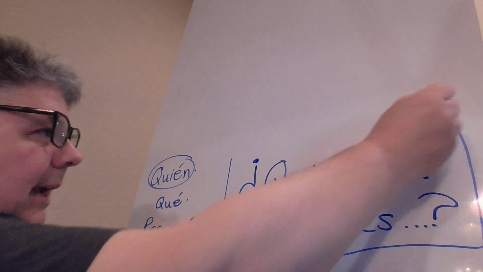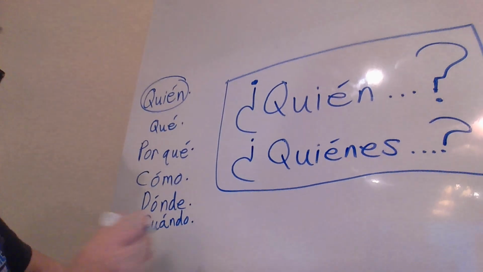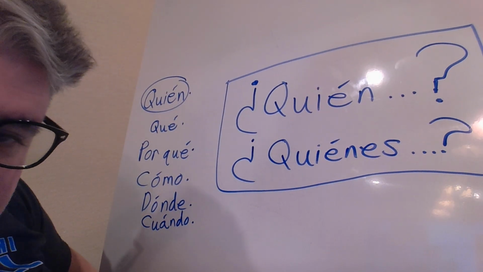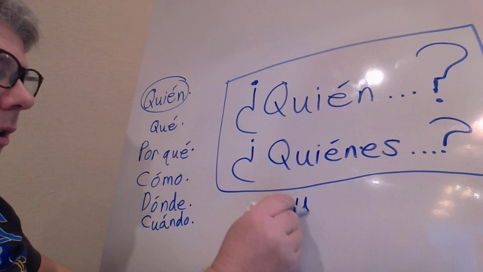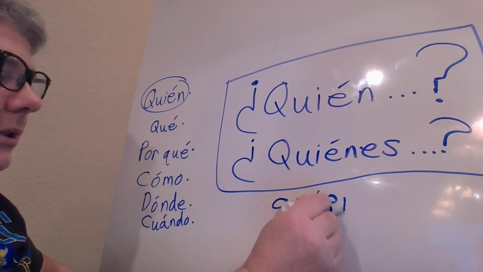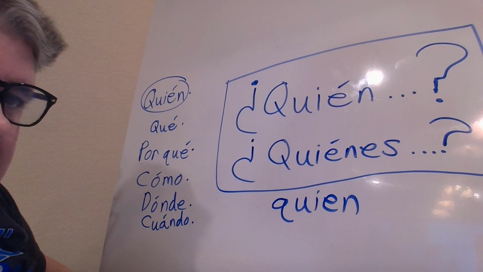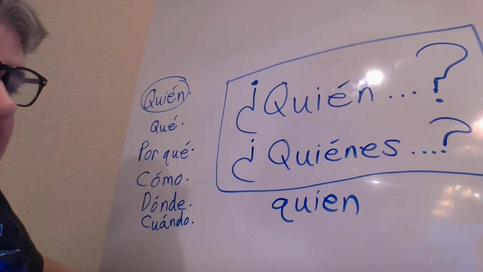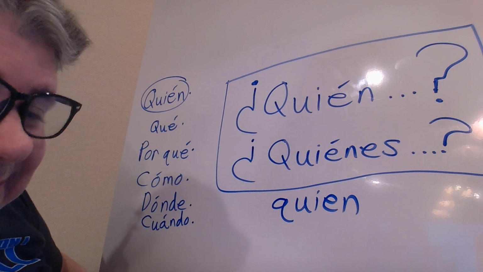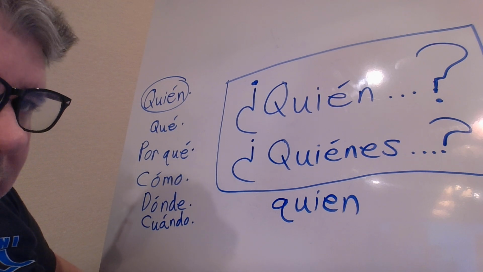You can also have the same word in a declarative that just wouldn't have the accent and wouldn't have the question mark. So if you say, oh, yo sé quién es el capitán del equipo de Argentina en la Copa Mundial, like, oh, I know who is the captain. Like, I know that information.